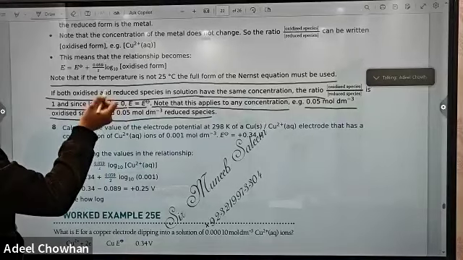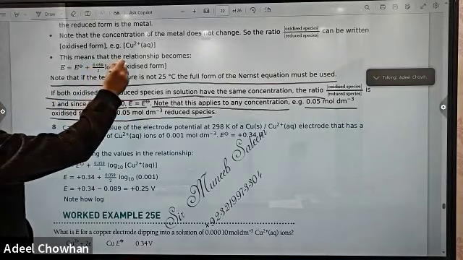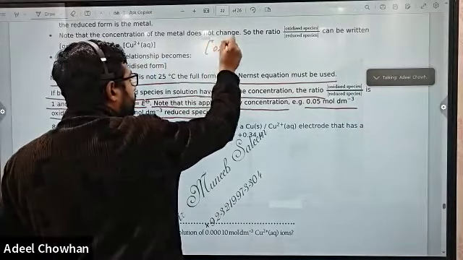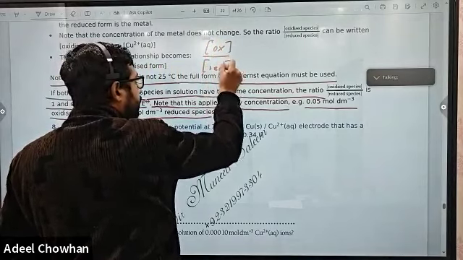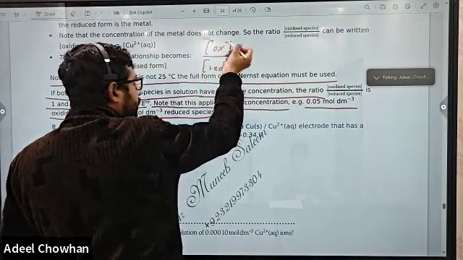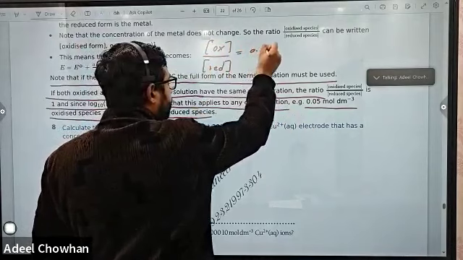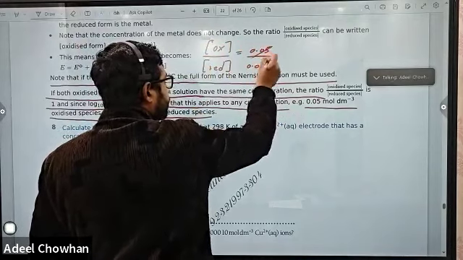Why will you get E equal to E naught? Because in that case, the fraction of oxidized species divided by reduced species will be the same. Over here, they are taking the value 0.05 divided by 0.05, so they will cancel.